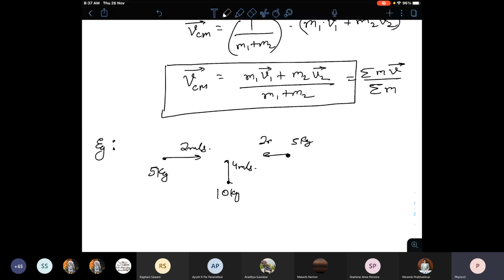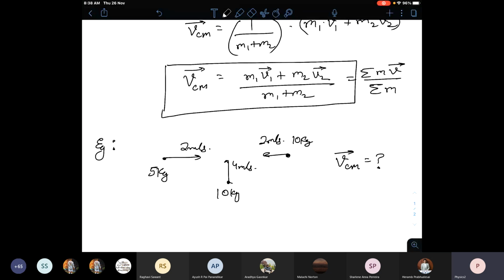So there are 3 point masses, 5 kg, 10 kg, and 10 kg, with different velocities. We have to find the velocity of center of mass in this case.